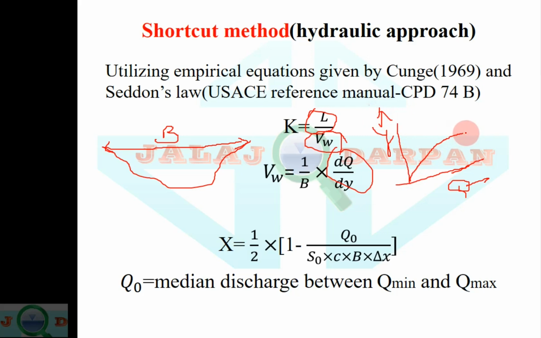Here comes the stage discharge curve, or you can call it the rating curve.